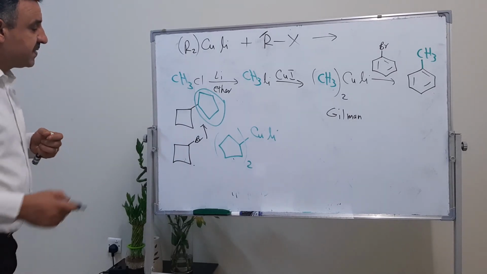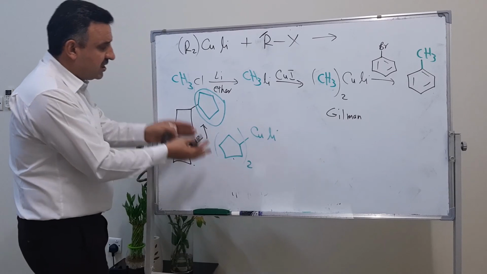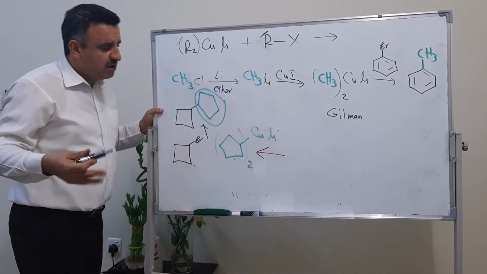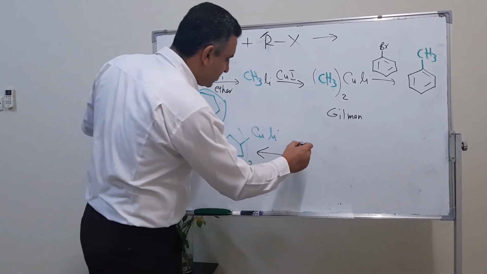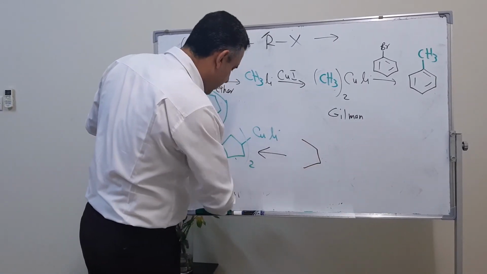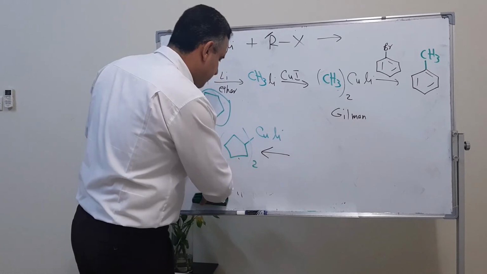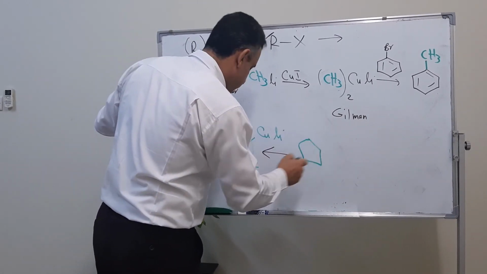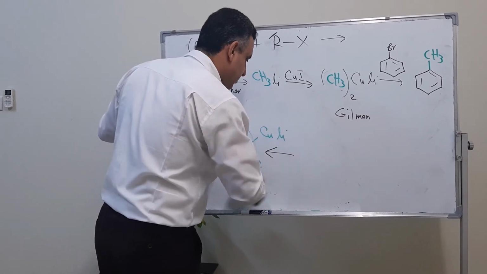Now, if we mix these together, then definitely that will go there. Now, how do we prepare this? I think you could think of it in a reverse way. This Gilman reagent can be prepared from the corresponding lithium compound. Sorry, I'm just drawing it in a correct way.